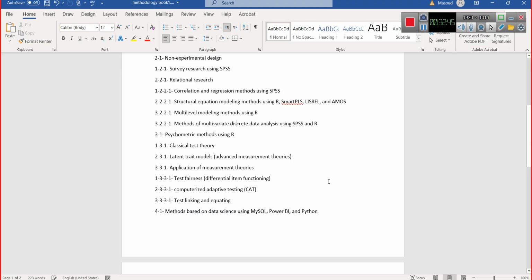We also have psychometric methods, which are special for students in the field of psychometrics, and there are some research designs that show you can employ measurement models not only for investigating the validity of a measurement instrument in your research, but also for practical purposes, for example, investigating test fairness.